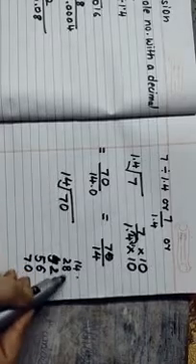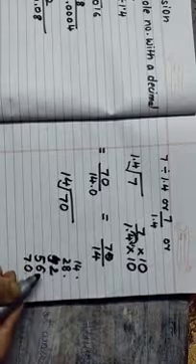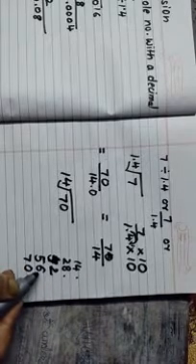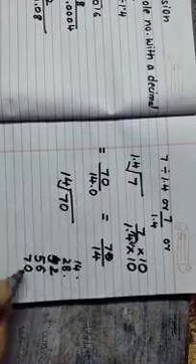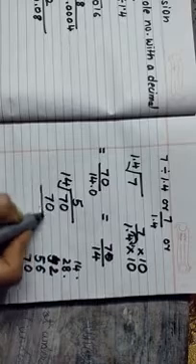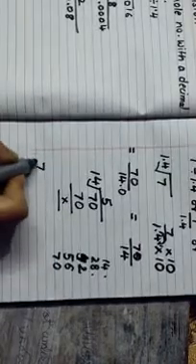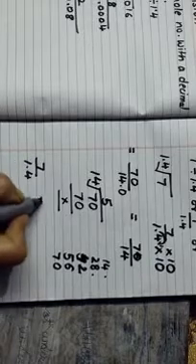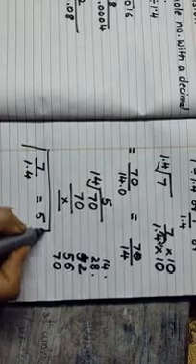So 2 times 14, 3 times 14 is 42, 4 times 14 is 56, and 5 times 14 is 70. So 14 5s are 70. So if we divide 7 with 1.4, the answer will be 5. This is the required answer.